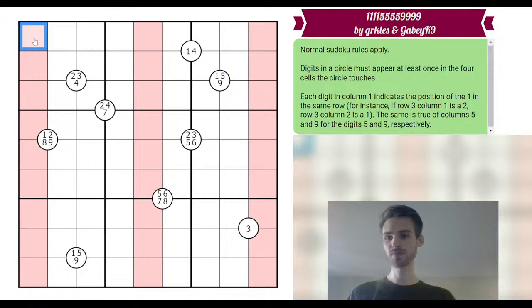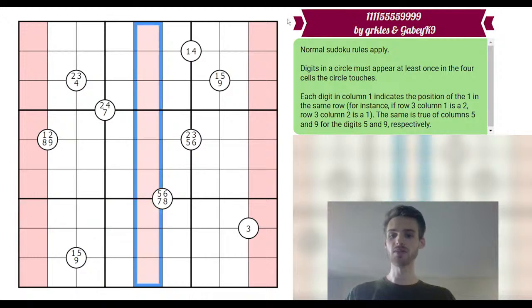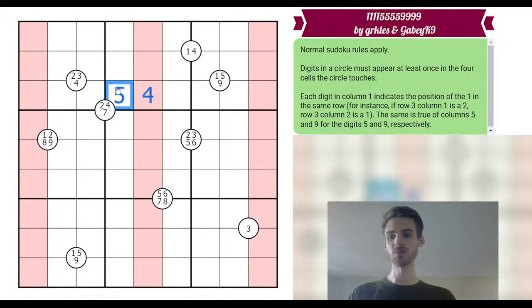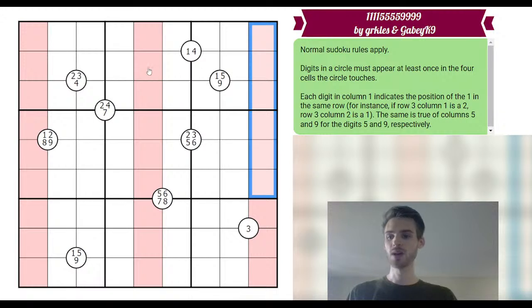And similarly, for any position in this column, that happens. So if I put a 3 here, there'd be a 1 here. And similarly, for column 5 and column 9, the same thing works. So if I put a 4 here, then I have to put a 5 here because that's the 4th column in this row.